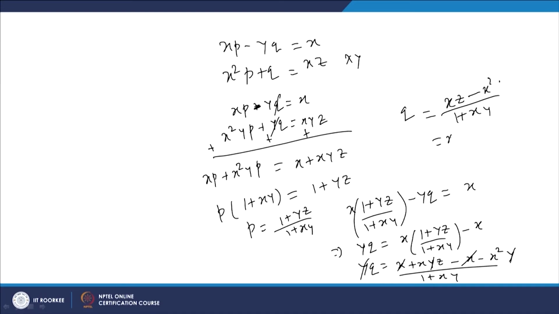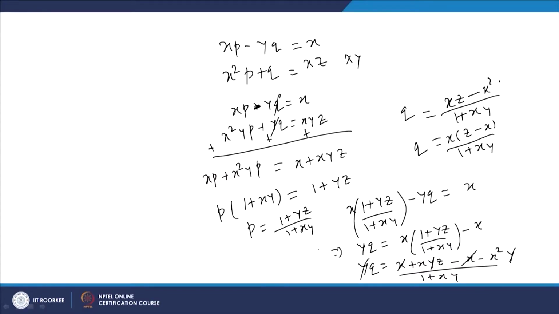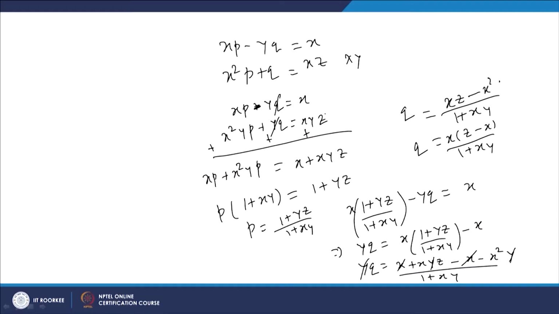So we can take out x, and q equals x(z minus x) upon (1 plus xy), which we have written here. So what we have achieved is that since the Jacobian is non-zero, we solve equations 6 and 7 for p and q.